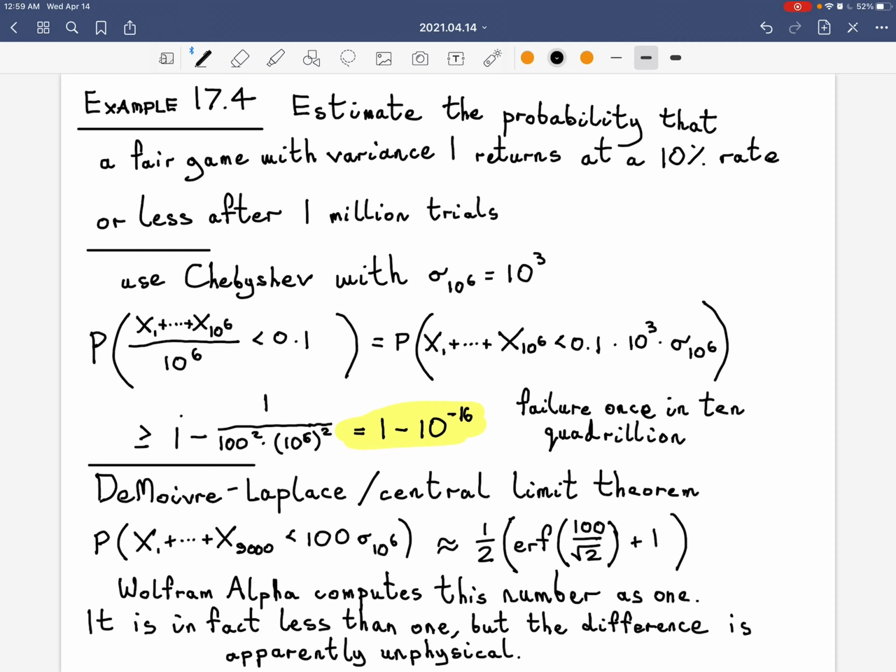The central limit theorem is giving me an answer of 0, and Chebychev's inequality is giving me an answer of 1 in 10 quadrillion. As a theoretical mathematician, the answer of 0 is straight up false, so why not take the answer of 1 in 10 quadrillion? But there's also a message about the extent to which making 10% on a fair game after a million trials is extraordinarily improbable.